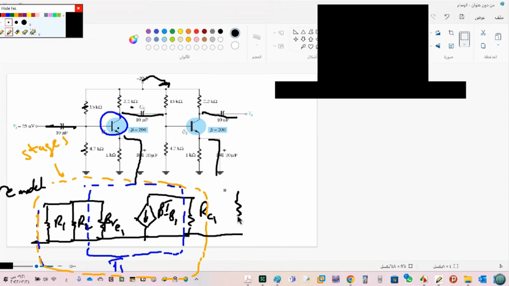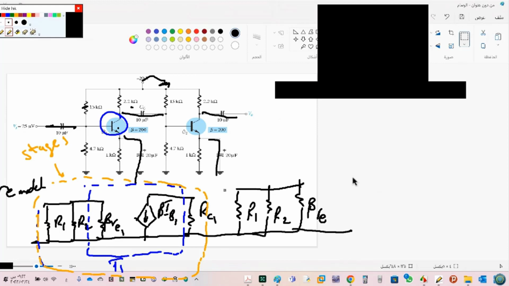Here, R1, R2, and beta RE connect together. Let's go here. Beta IB2. Then we have RC2.